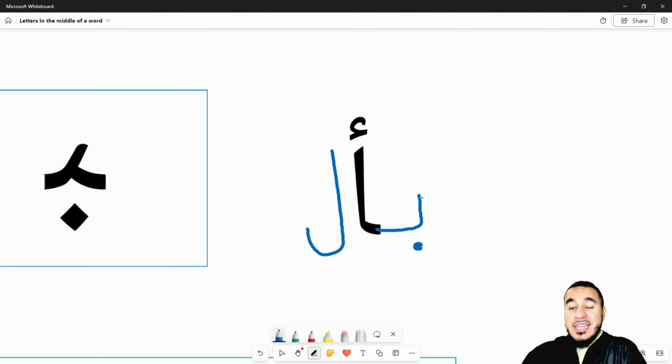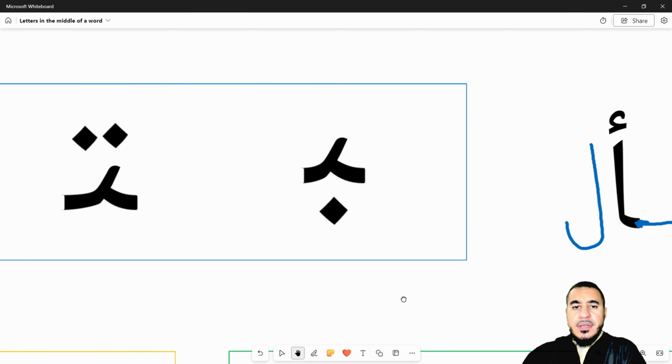So the ba, because it joins with the letter that comes after it, then the alif can accept that connection, okay? So here we can see the alif with the letter ba joined with it before it and the lam coming after it, but not physically joined to it.